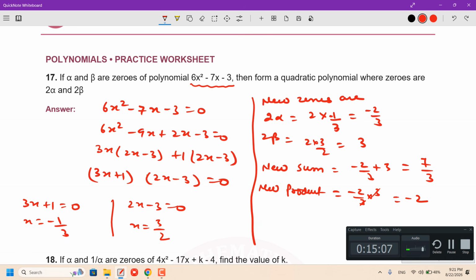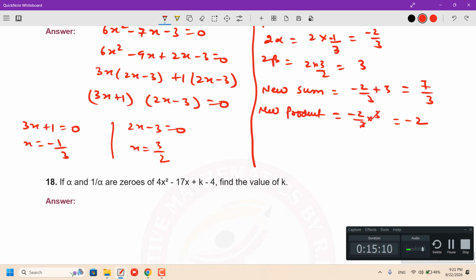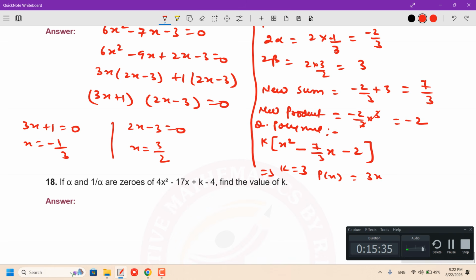So the quadratic polynomial that will be formed is x square minus sum of zeros, that is 7 by 3 x, plus minus 2. So if I take k equal to 3, then p(x) becomes 3x² minus 7x minus 6.